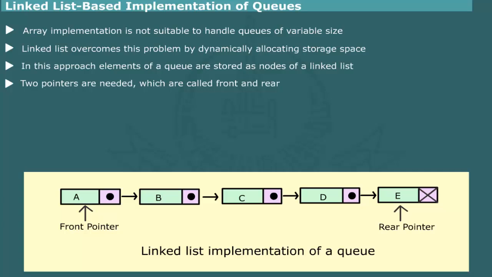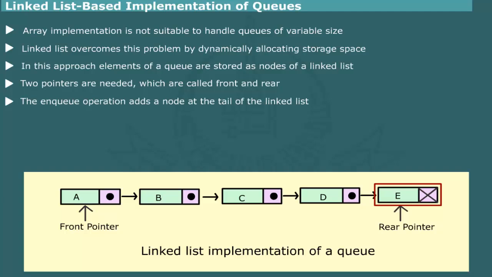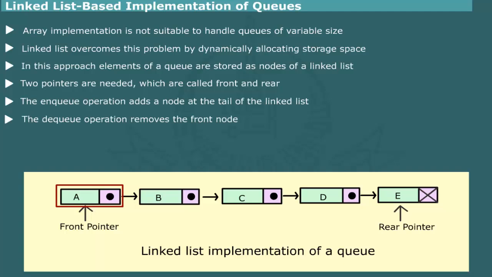Implementation of NQ and DQ operations is rather straightforward. The NQ simply adds a node at the tail of the linked list. The DQ operation removes the first node of the list. The detailed procedures for adding and deleting nodes of a linked list were discussed in the previous unit.